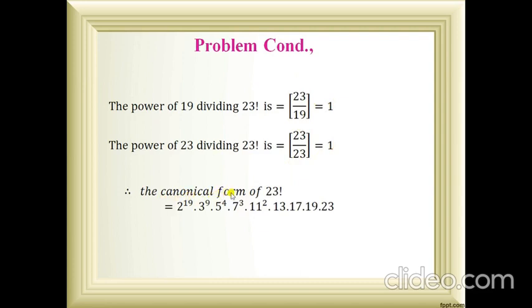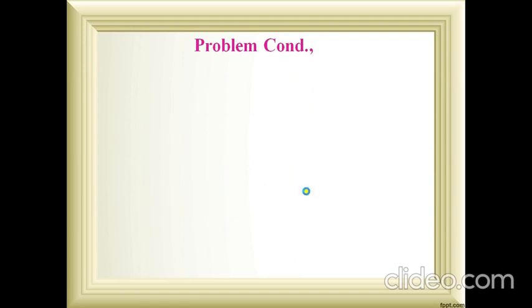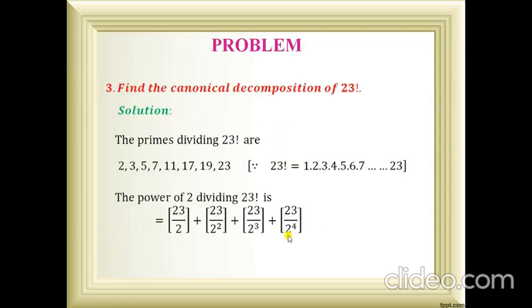So the canonical form of 23 factorial is the product of all those things. When I take the power of 2 dividing 23 factorial, I get 19, so I keep 2 power 19.